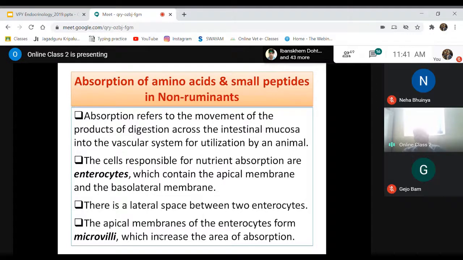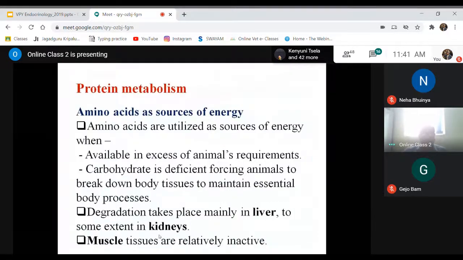So absorption, I already told you, has two mechanisms. Transcellular absorption will be there via active and passive transport to the enterocyte. Protein metabolism in non-ruminant animals: animals utilize protein for synthesis of body protein, that means muscles of the animals.